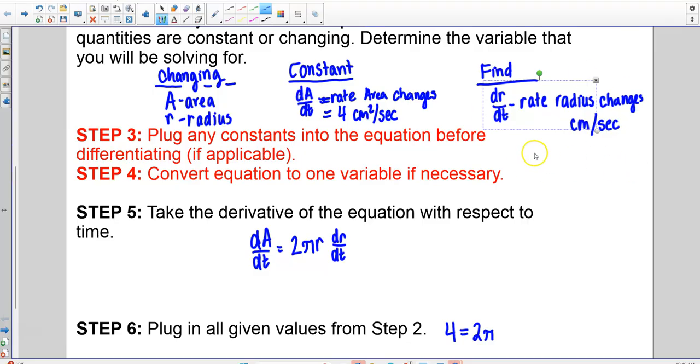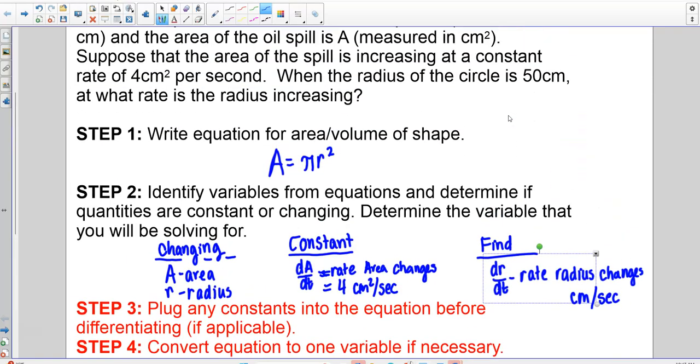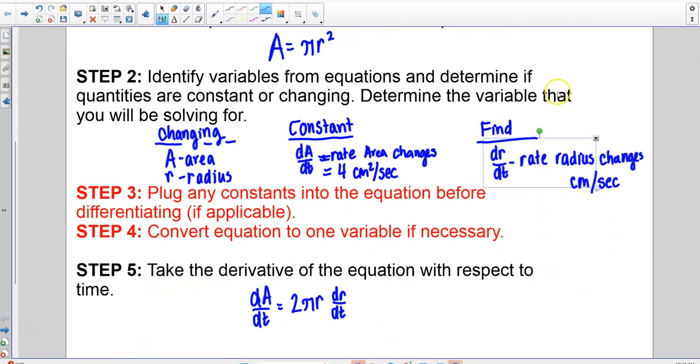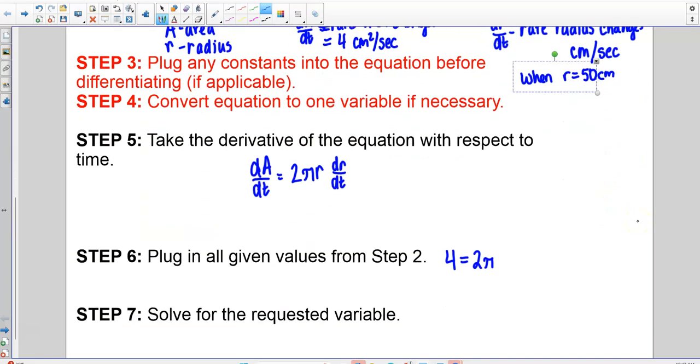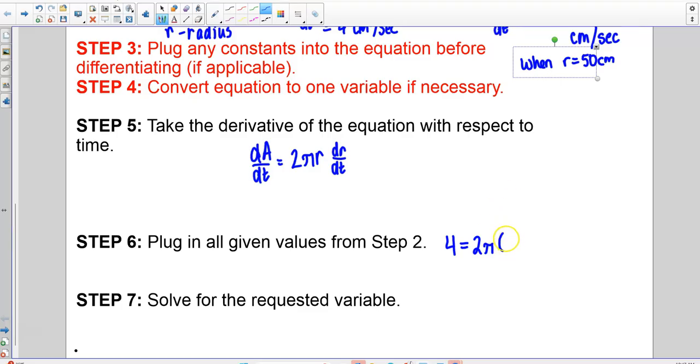I should have put this over here in my find, because I'm supposed to find dr/dt when radius is 50 centimeters. So I'm finding this when r equals 50 centimeters. I probably should have written that down earlier. So I'm plugging in 50 for my r, and then I do not plug in anything for dr/dt because that's what I'm looking for.